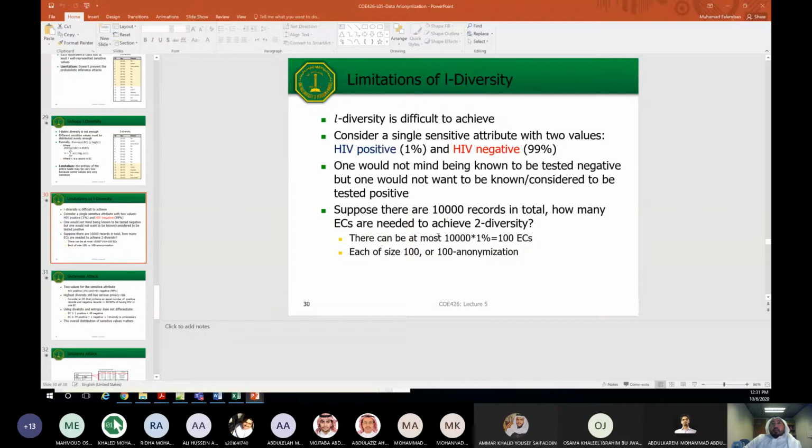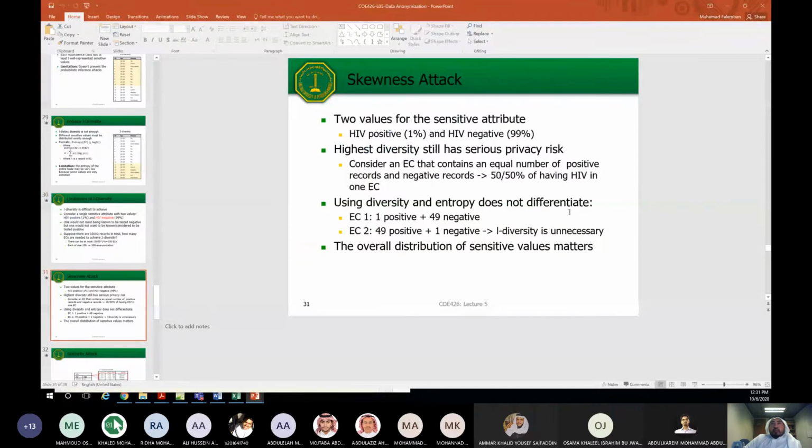Now, if you wanted to create 2-diversity, then it might be possible to have an equivalence class with 50% negative and 50% positive. So we started with a 1% to 99% ratio, and we ended up in an equivalence class with a 50% ratio.